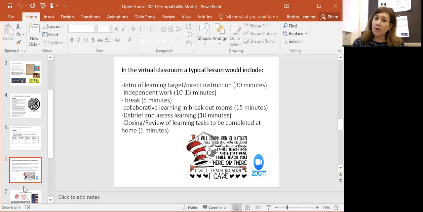After a student is working independently or with their classmates in a breakout room, we will always come back together as a class, debrief, talk about what they learned, try to see the big picture, draw some conclusions, and then that will also serve as an opportunity for me to assess whether or not students have met the learning target for that particular lesson. I'll close the lesson.